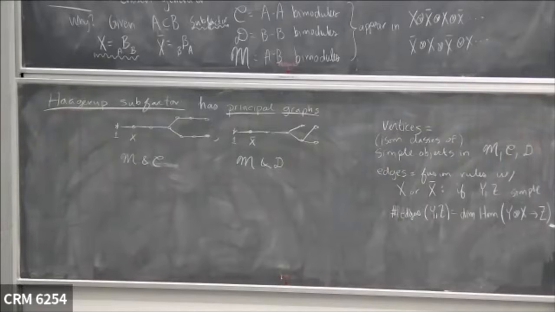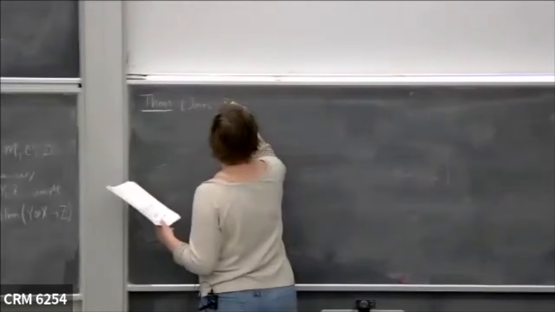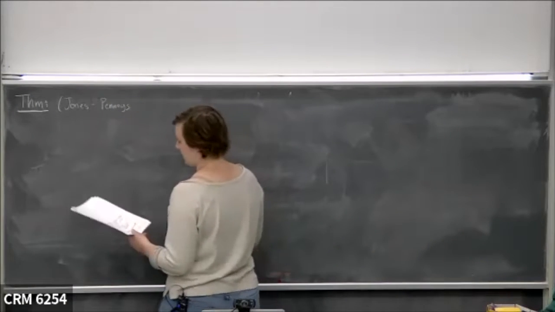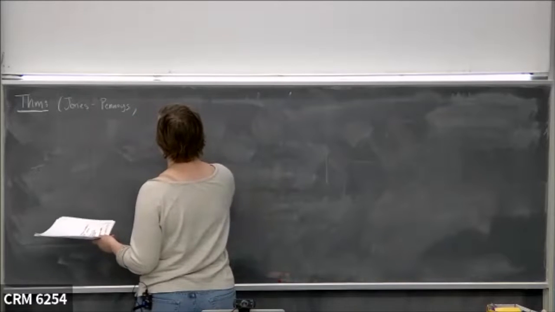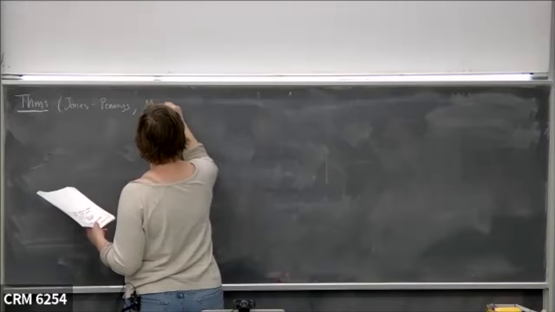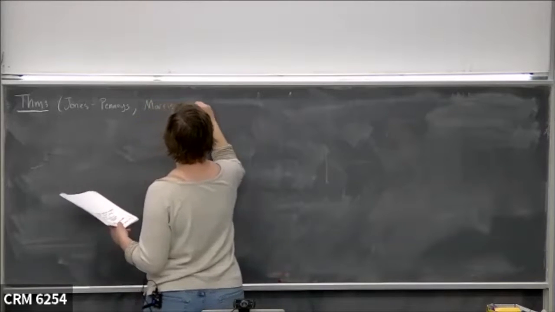So this theorem was one of those things that was folklore for a long time, but eventually got written down concretely by Jones and Penneys for the subfactor case, and in the more tensor categorical case by Morrison and Walker.